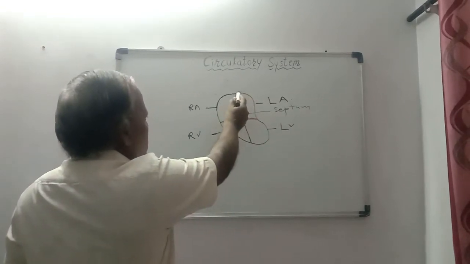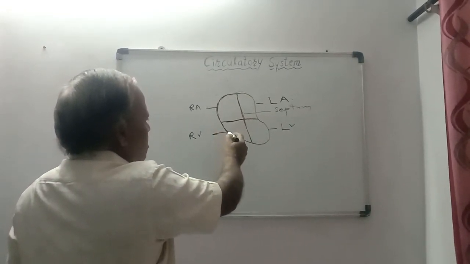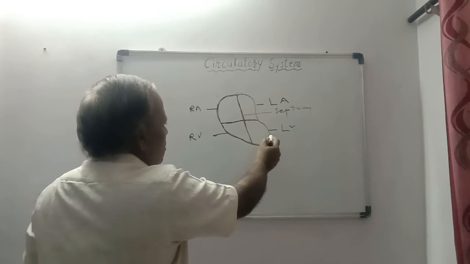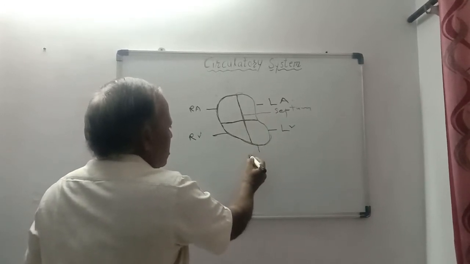This heart is protected by strong muscles, the pericardial muscles.